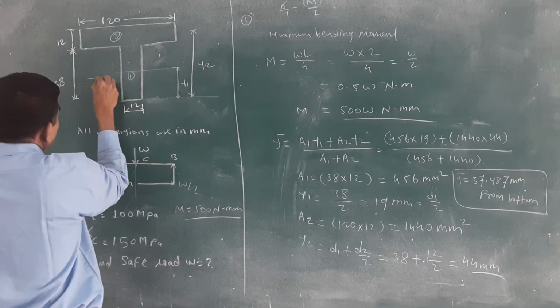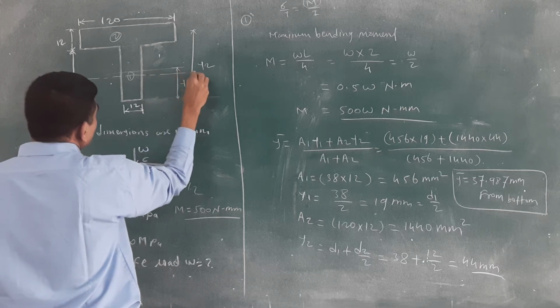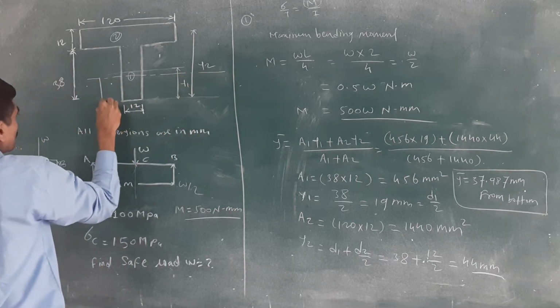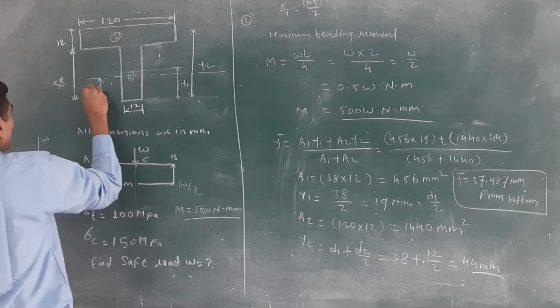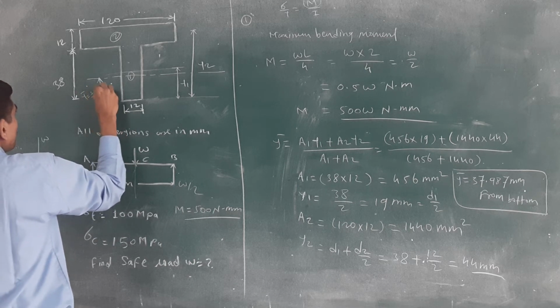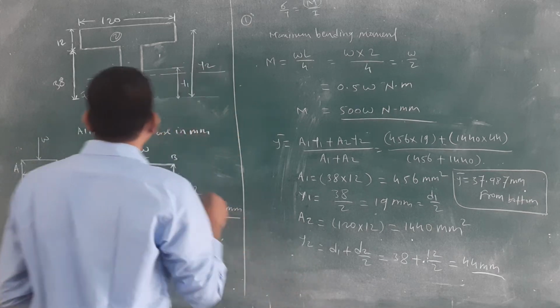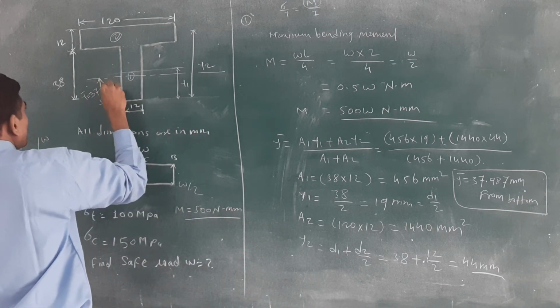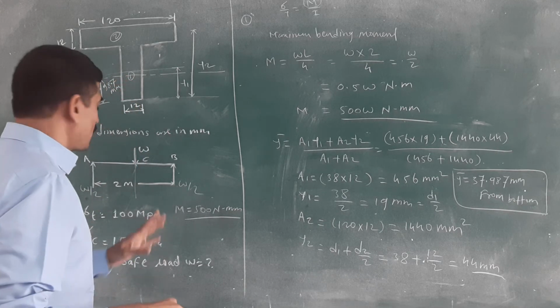Y bar is the centroid of that body from the bottom. If you have considered that, then you will get y bar is equal to 37.987 mm. Okay, this value we are getting.